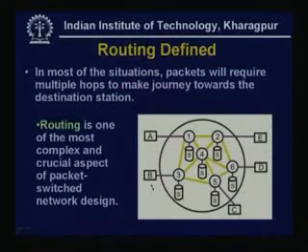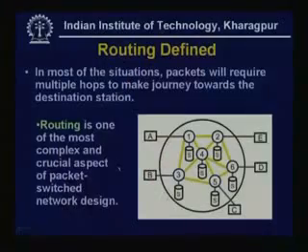And as a consequence, routing is one of the most complex and crucial aspects of packet switch network design. So, whenever somebody is designing a packet switch network, the way the routing has to be done plays a key role in the design. That is why we shall devote 2 lectures on this routing.